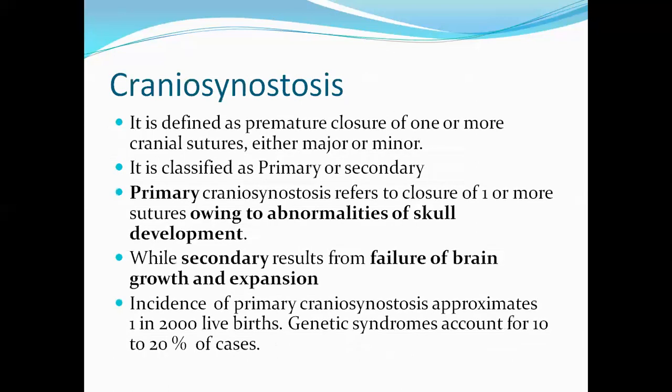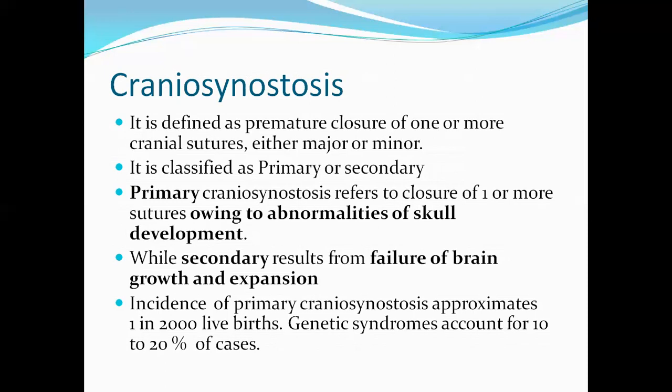Next is craniosynostosis. Craniosynostosis is defined as premature closure of one or more cranial sutures, either major or minor. Whenever cranial sutures get prematurely closed, it can lead to distortion of the shape of the skull.